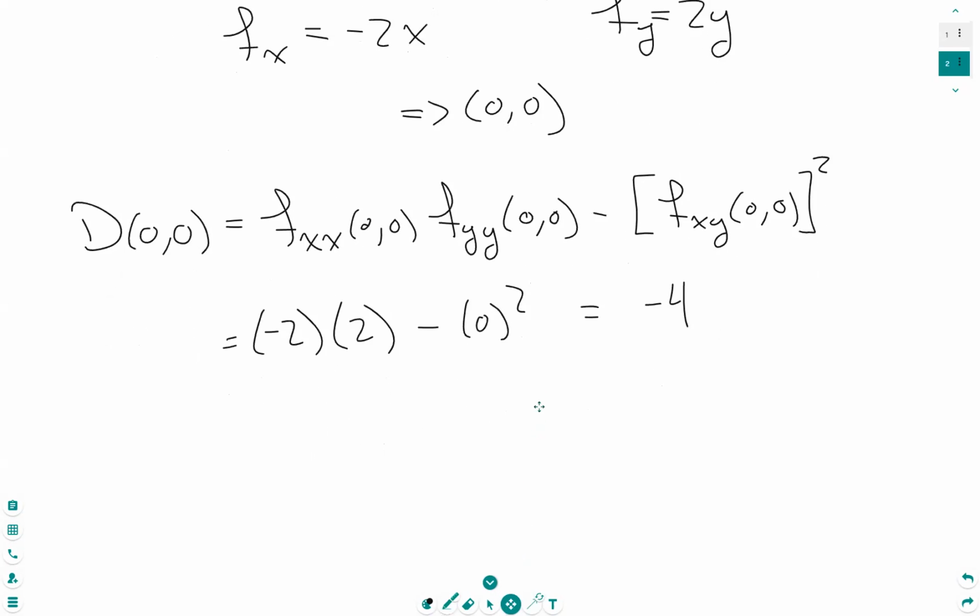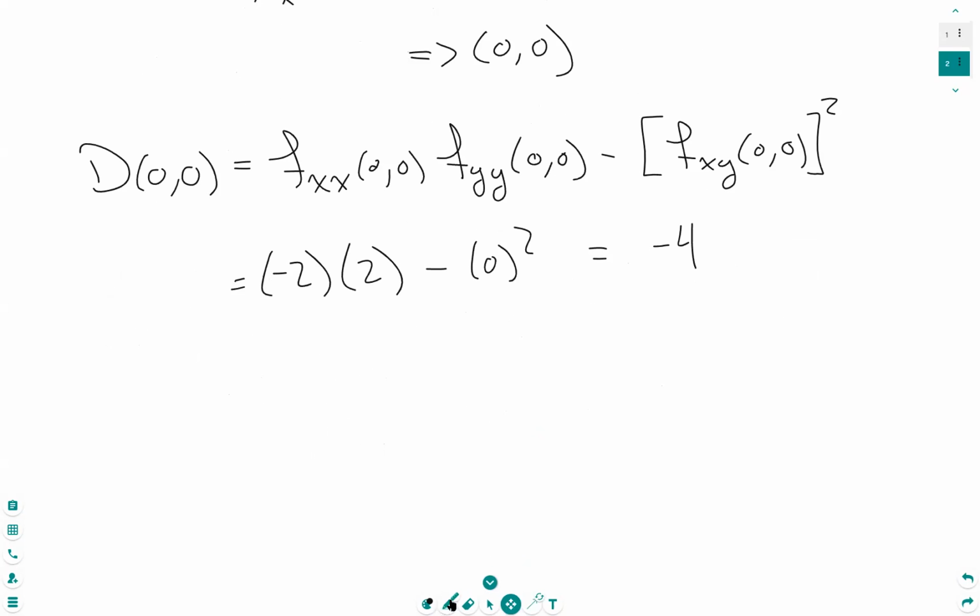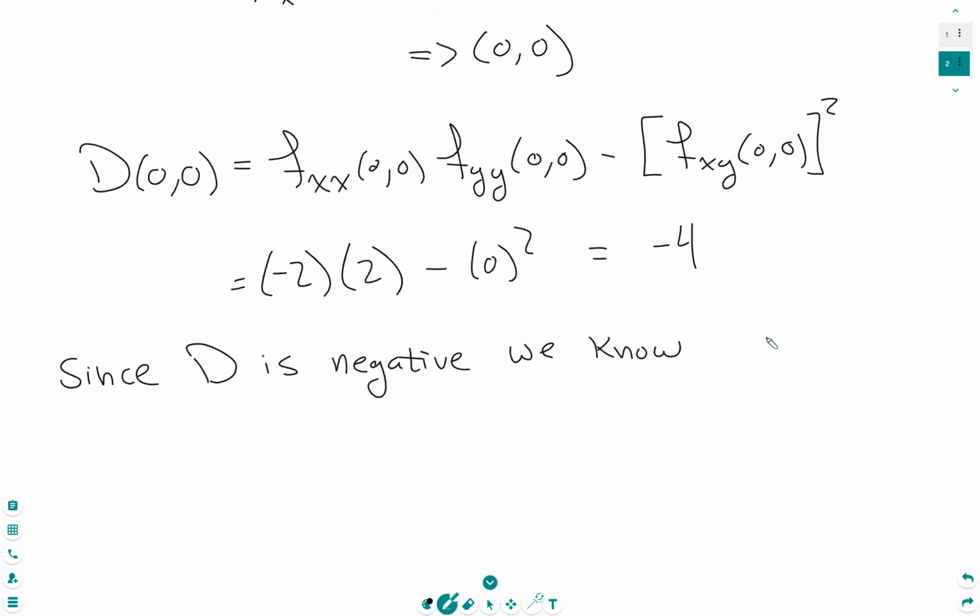And we can look at our list from above and say, since D is negative, we know the origin is a saddle point.